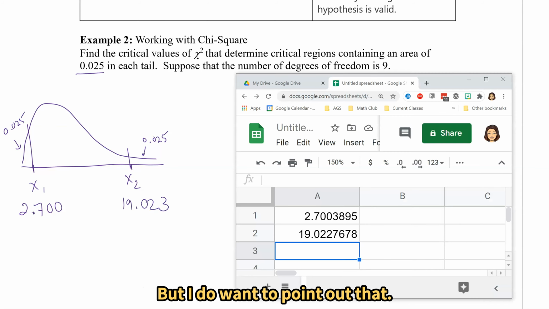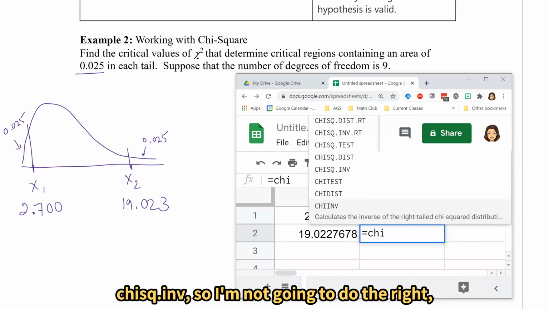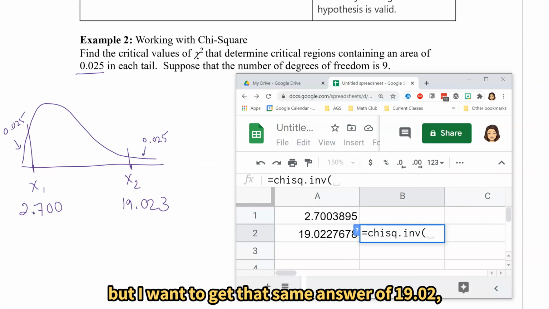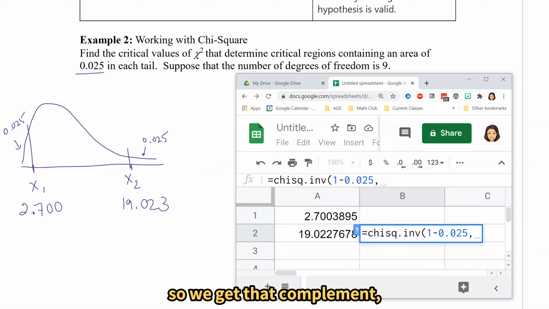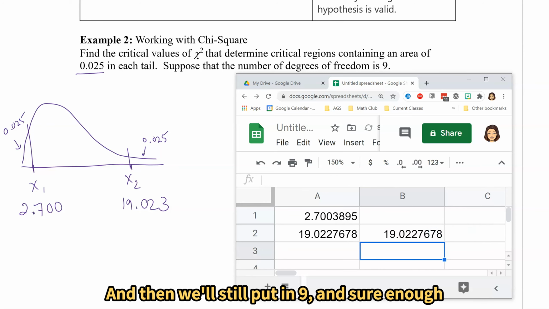But I do want to point out that if we didn't use the right and we wanted to use the left, chi-square.inv, so I'm not going to do the right, but I want to get that same answer of 19.02. We would just type in 1 minus 0.025. So we get that complement. We get everything to the left of that x value, and then we'll still put in 9.